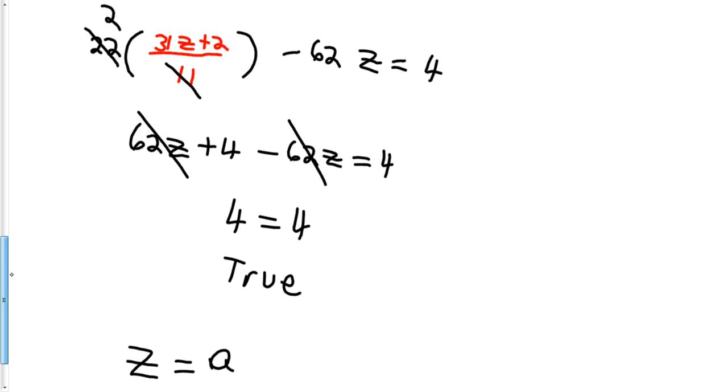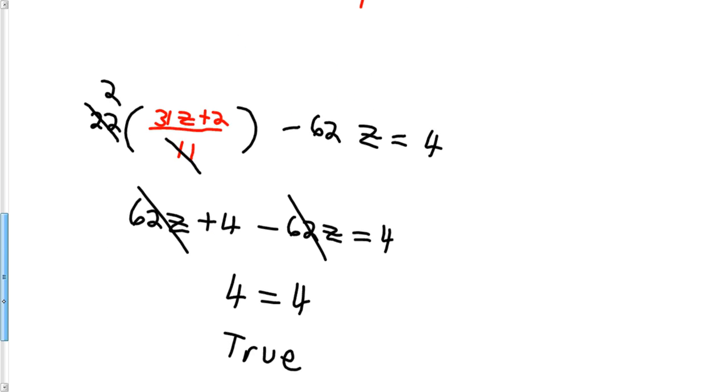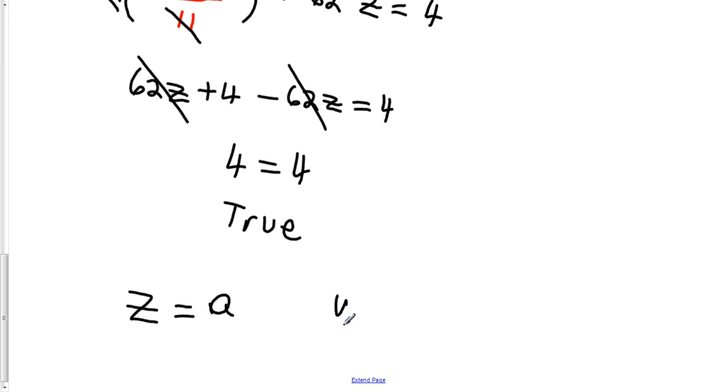For instance, here's an equation for y that is true, and it only involves z, which I just fixed as the letter a, the constant. So I know y is equal to 31 times z plus 2 over 11, and I fixed z as the number a, so that tells me that y is equal to 31 times a plus 2 over 11.